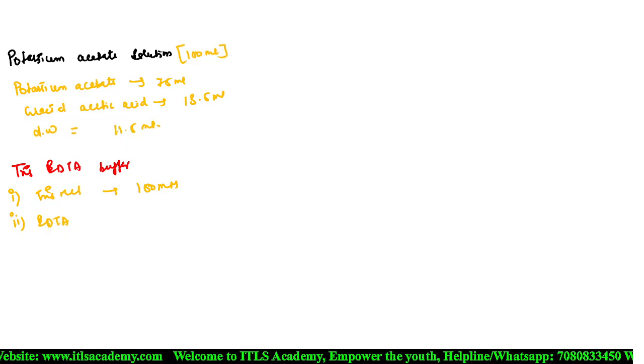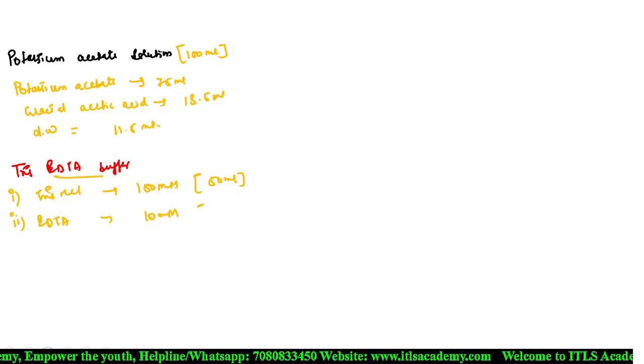This Tris-HCl will be required for 50 ml and EDTA of 10 millimolar is also required. So the final volume of this EDTA buffer will be 50 ml, not less.